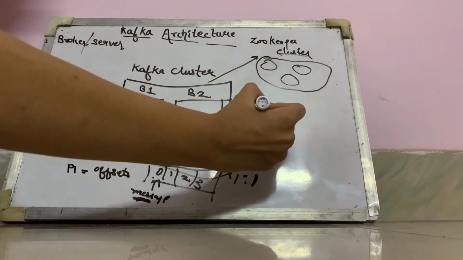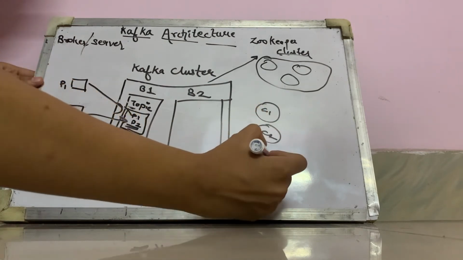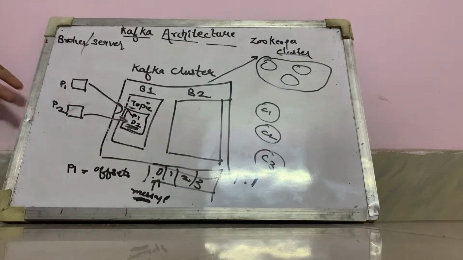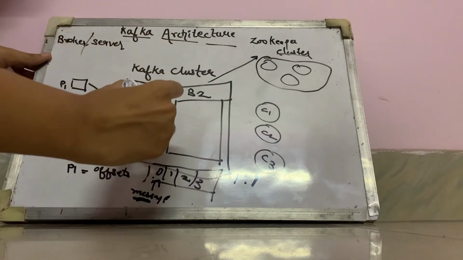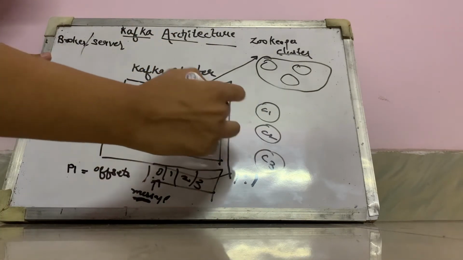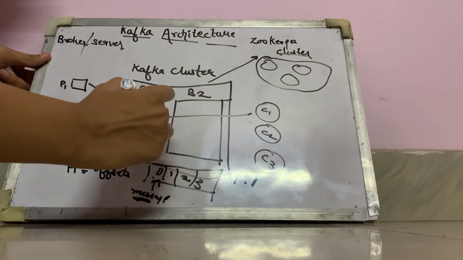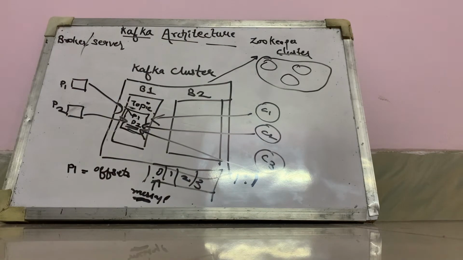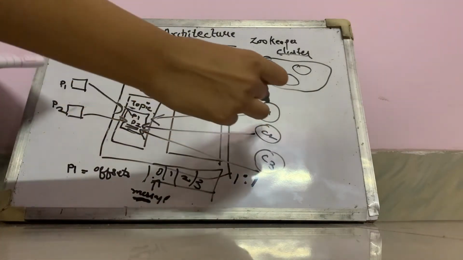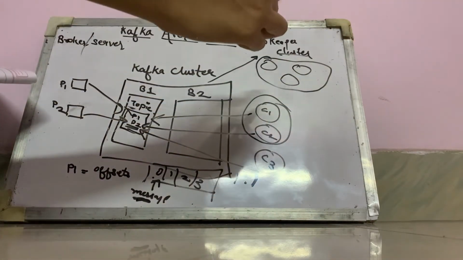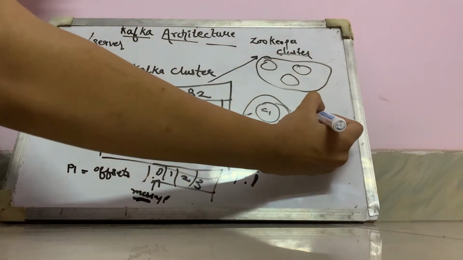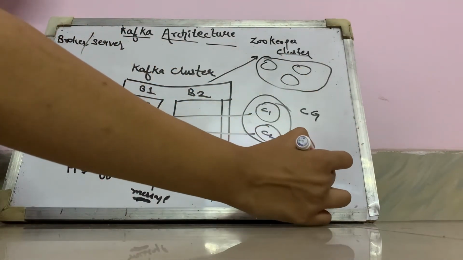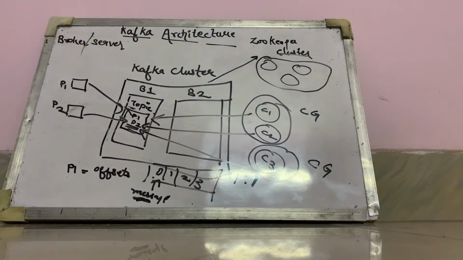Likewise, a consumer can consume messages from the topic level or from the partition level. Also, consumers are associated with exactly one consumer group. We will talk about consumer groups in our next videos. So this is what the whole Kafka architecture looks like.